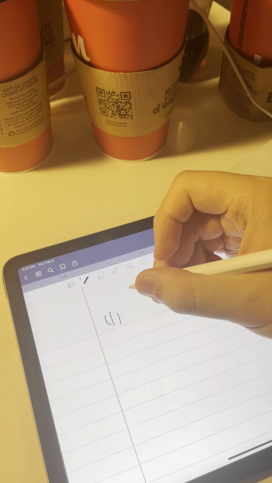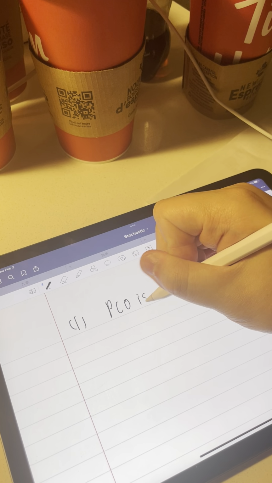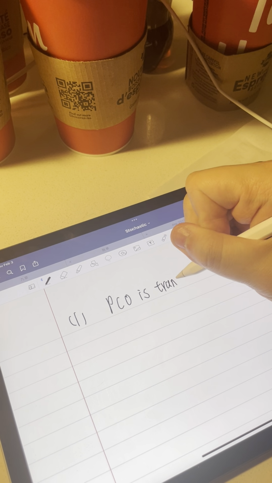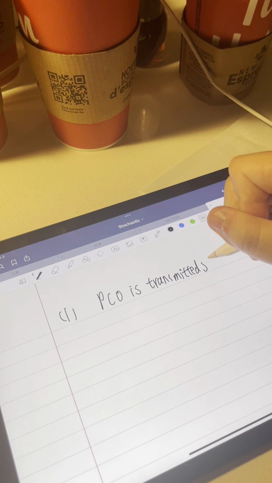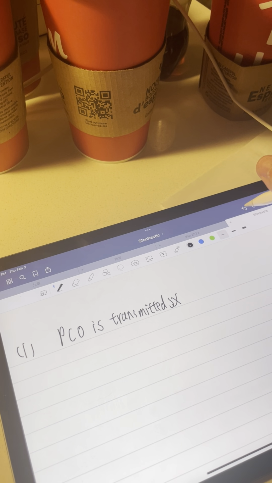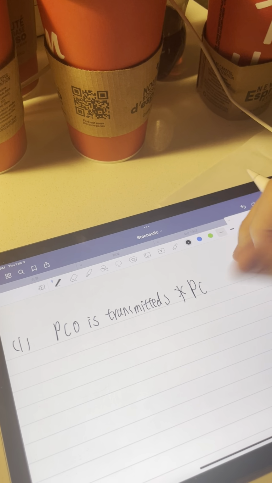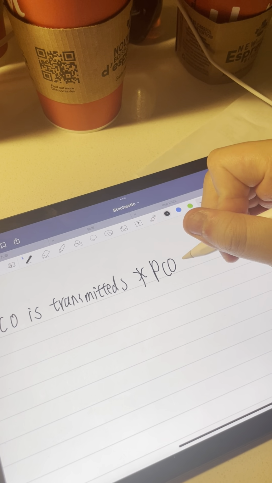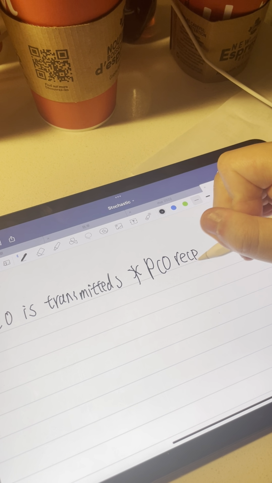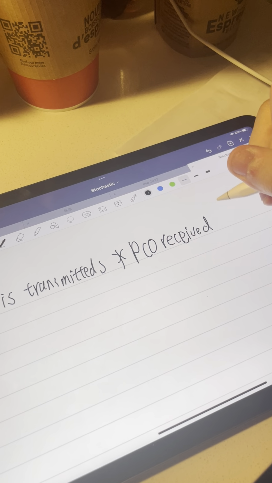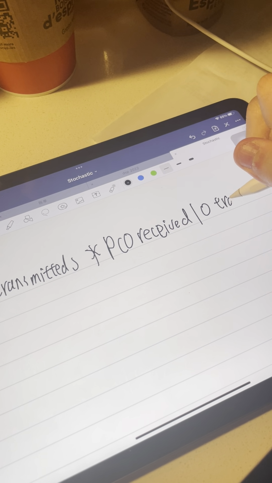So here we want to do the probability that 0 is transmitted times the conditional probability that 0 is received given 0 transmitted.